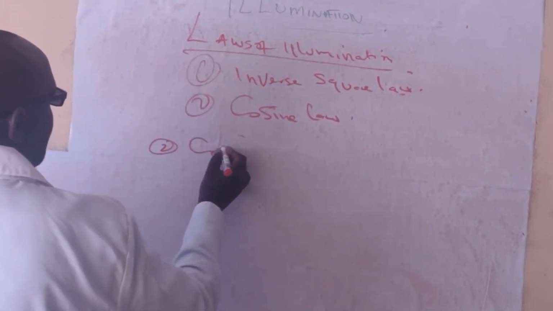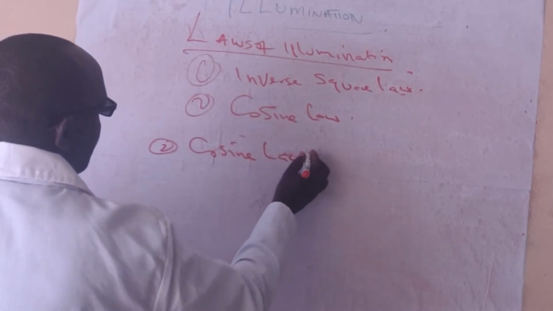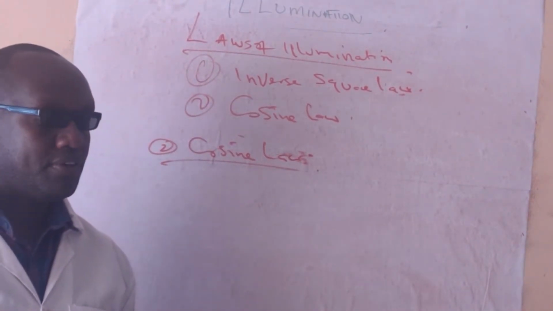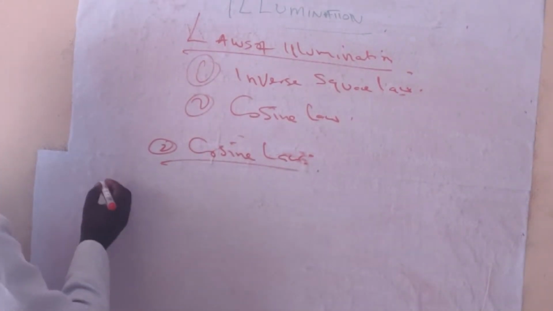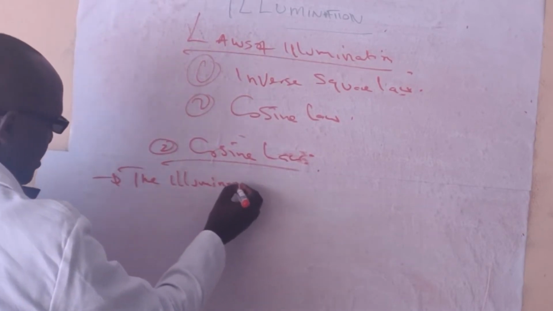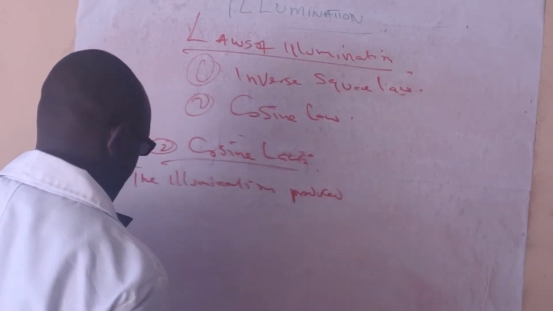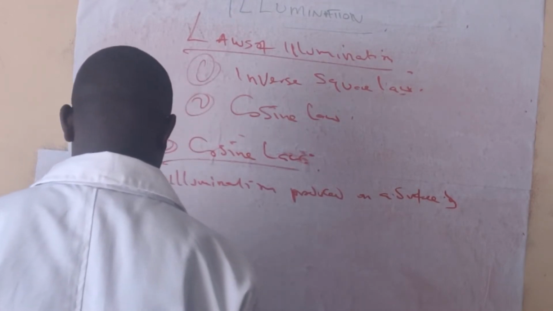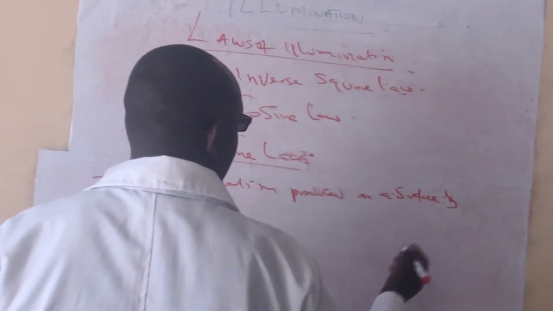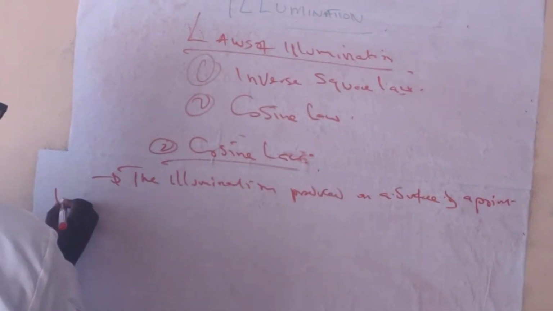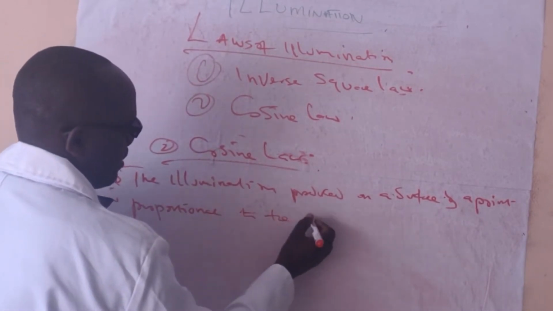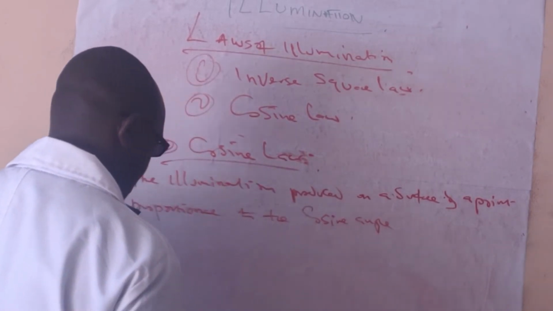Then secondly is the cosine law. The cosine law states that the illumination produced on a surface by a point light is proportional to the cosine of the angle of incidence.